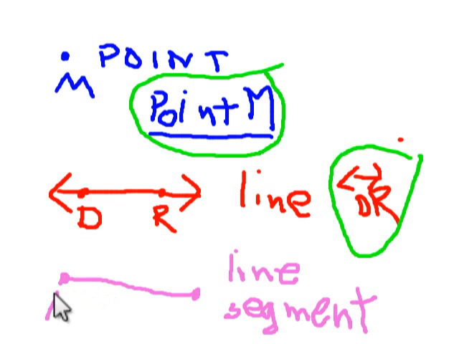So I might call this point M and this point O. And for the name of that line segment, I just draw a bar on the top, and this could be called line MO. Or excuse me, line segment MO. Okay, let me get rid of those.